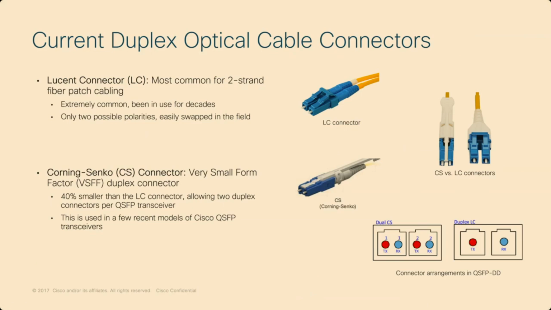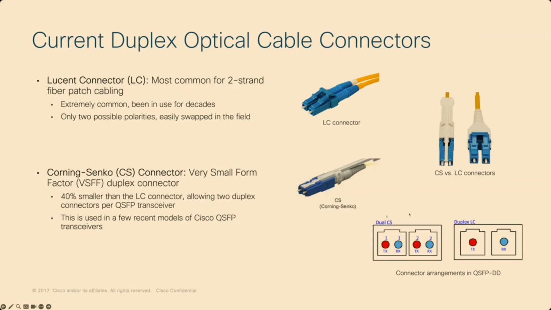One of the things that you're going to see with some of the more recent transceivers that we have coming out is something called the Corning SN connector, or CS. And it's also a duplex connector, but it is designed with a much smaller physical footprint. So it's about 40% smaller than the LC connector. And so the practical upshot of that is that in the space where I would have been able to fit a duplex LC connector, I can now fit two duplex CS connectors.